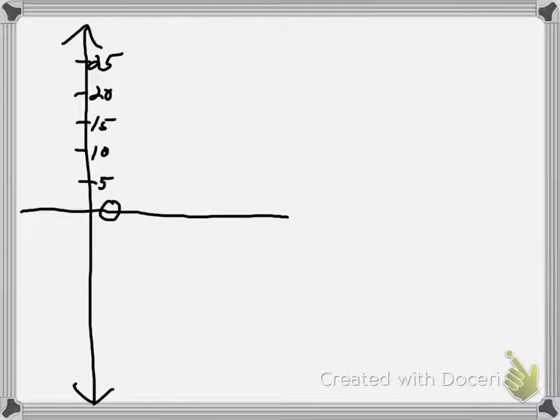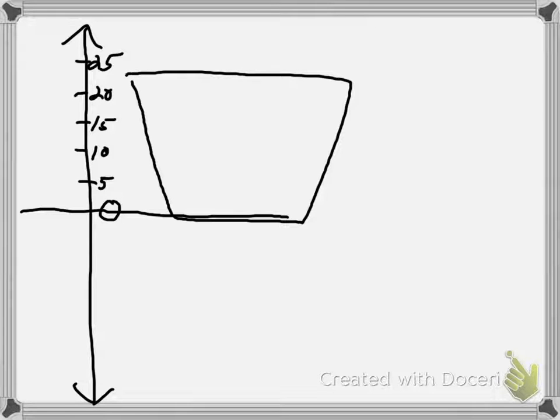So what I'm going to do is I'm just going to draw. Here's my boat. Okay, there's my boat with my captain. Okay, and he's holding this rope at 23 feet.